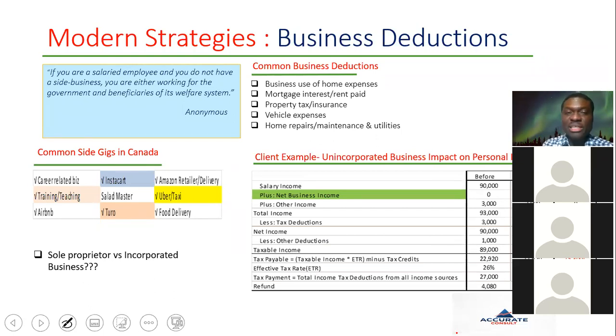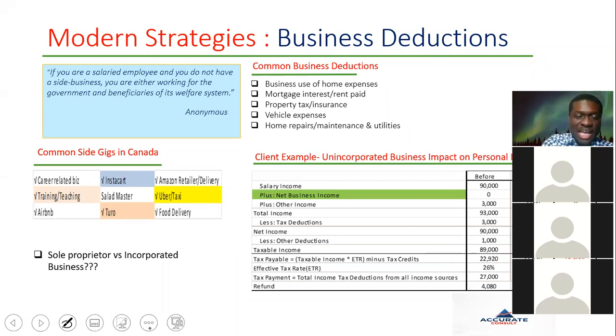Most of these wealthy people have three or four businesses. As I said earlier, a sole proprietor business has its own benefits, and an incorporated business has its own benefits. I tell my clients to have both and use both to maximize their taxes.